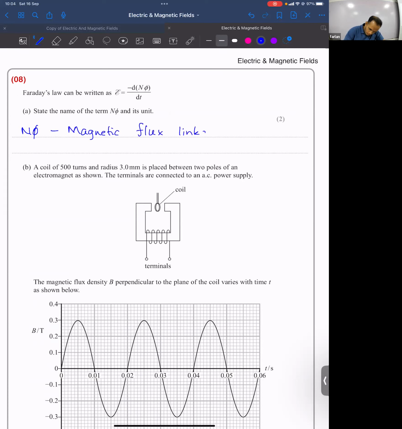And its unit. What is the unit? Weber. So I wrote Wb, I didn't write Weber. Okay, that should be fine.